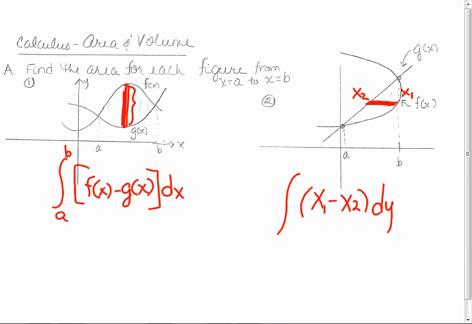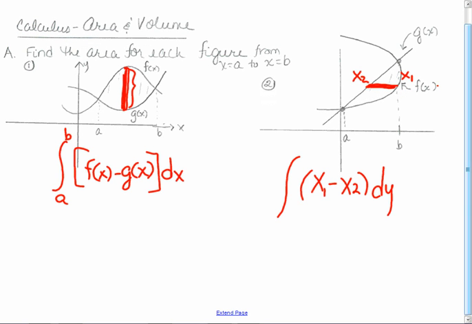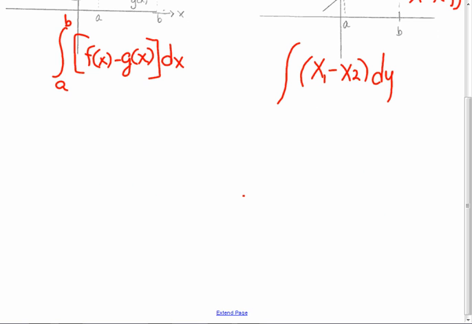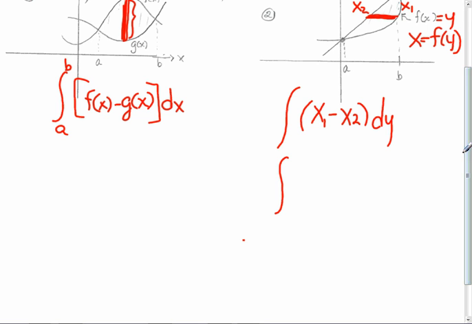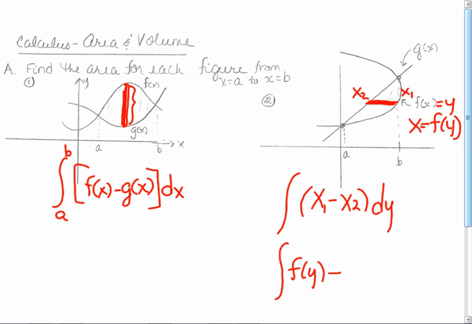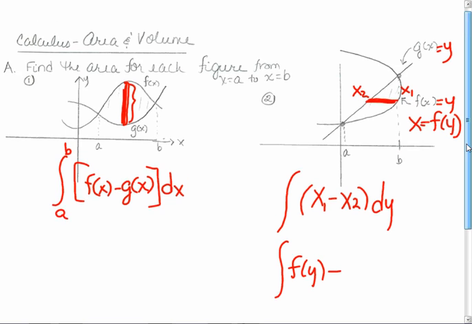So what I have to do on these types of problems is, if this is y, I have to solve for x in terms of y. So x is going to be some function of y. I don't know if my notation's exactly right, but I think you get the picture. And so it's going to be, that was my first one, so it's f of y minus, solving this one for y is g of y.